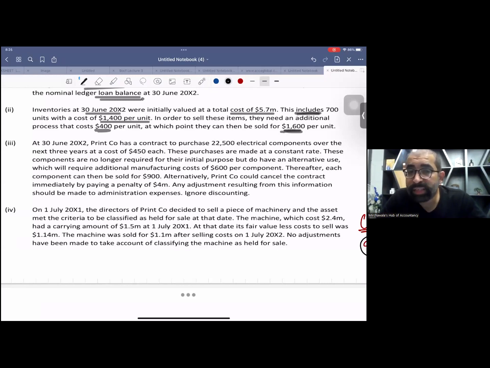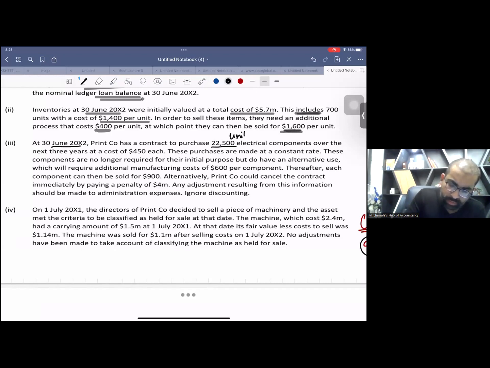This adjustment is again easy if you are not sleeping. Come on, look at it. At 30th June X2, almost year end, Print company has a contract to purchase 22,500 units, electrical components, over the next 3 years at a cost of 450 each.